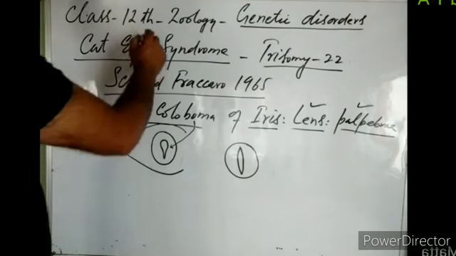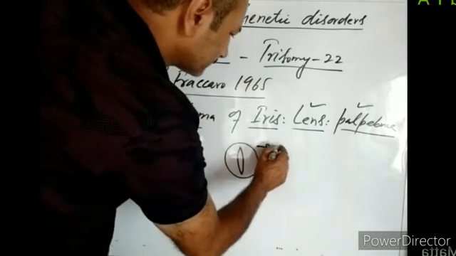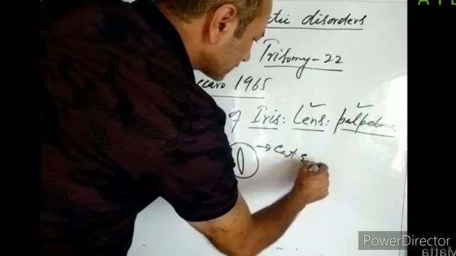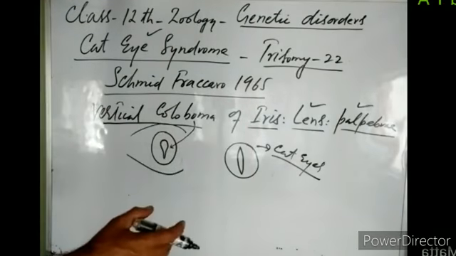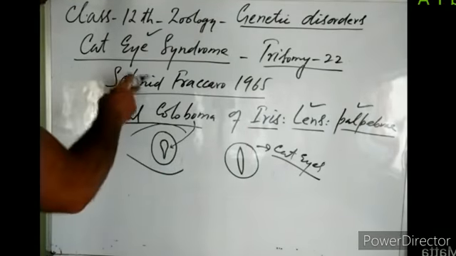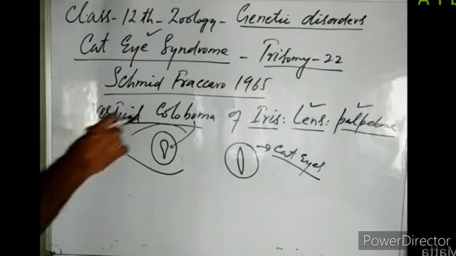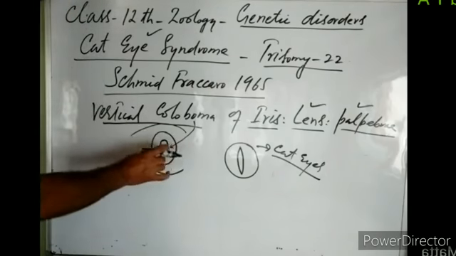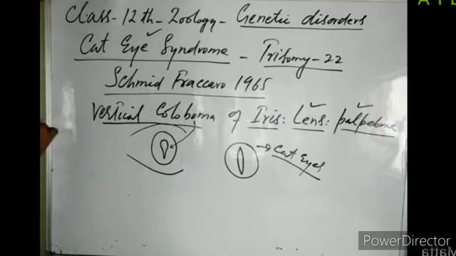That is why we call it cat eye syndrome. In cat eyes the pupil is a vertical cut, and those suffering from trisomy 22 develop a similar cut in their iris.